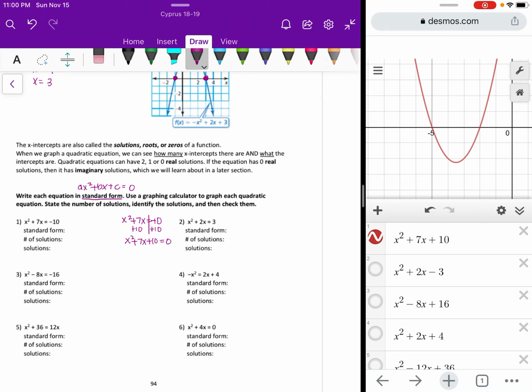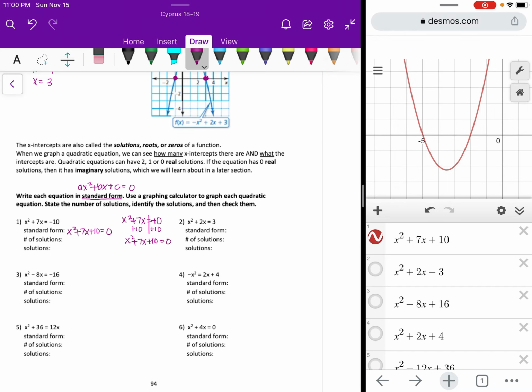To put it into standard form, we want to make it equal 0. Remember, we can only combine like terms, and that 10 is not a like term with x squared or 7x, so we just have to write it at the end. So under number 1, for standard form, I would put x squared plus 7x plus 10 equals 0.